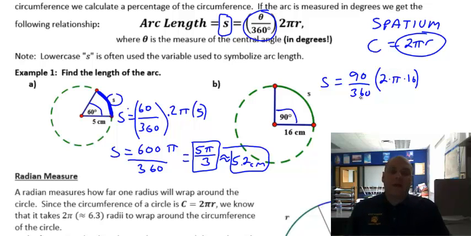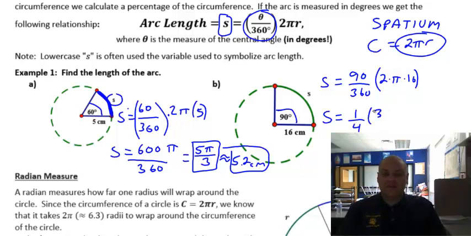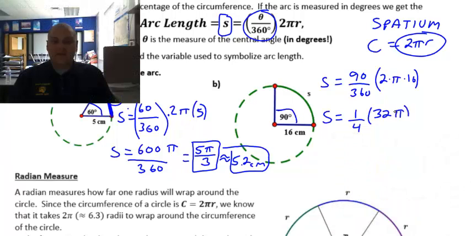This one I'm going to do by simplifying the fraction first, just to show you it doesn't matter. 90 over 360 is 1/4. So it's 1/4 times 2 times 16, which is 32 pi. So this is 32 pi over 4, which is 8 pi.